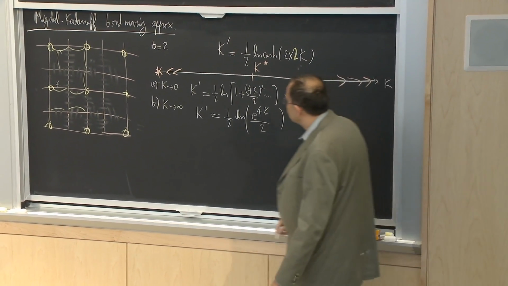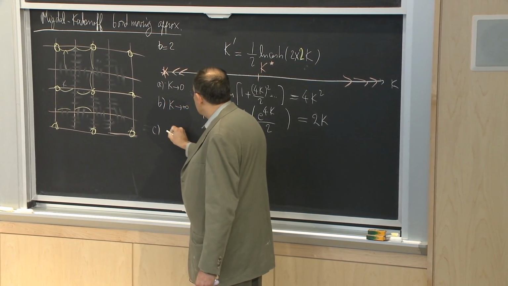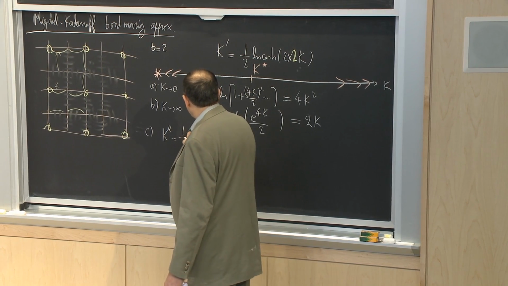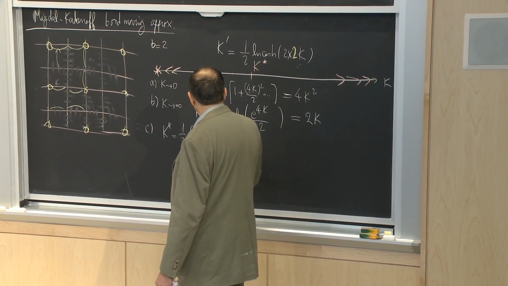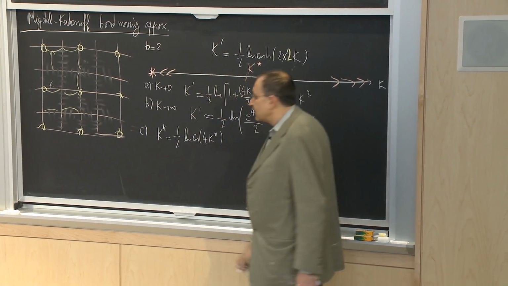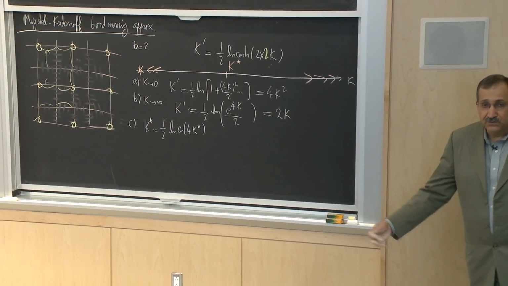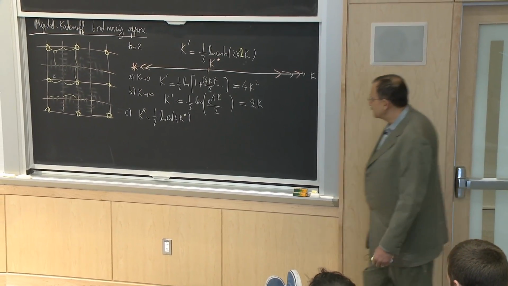So I essentially have to solve for k star as k star is 1/2 log cosh of 4k star. You can recast this as some algebraic equation in terms of e to the 4k, e to the k star, and manipulate it.